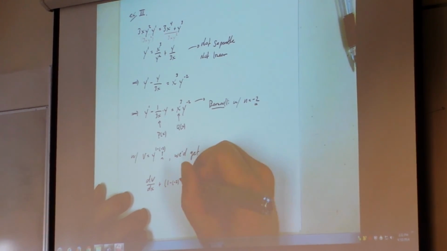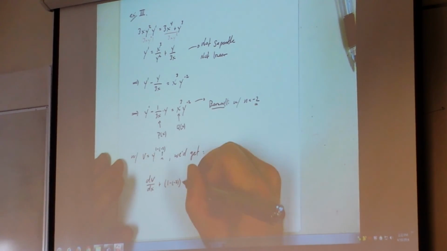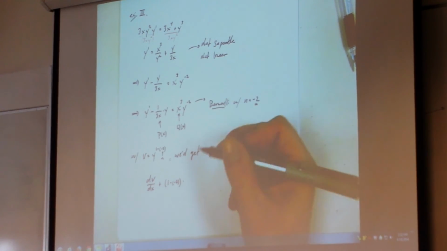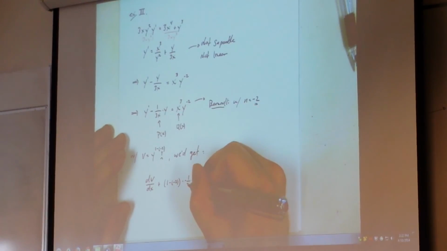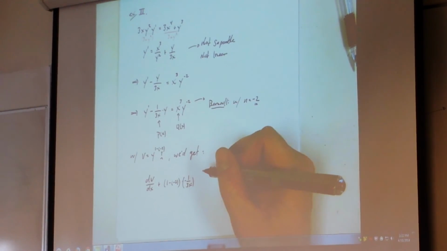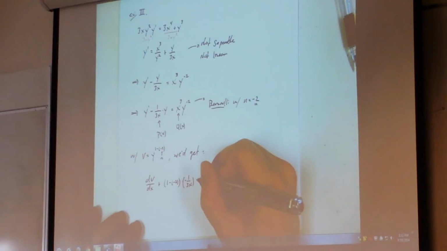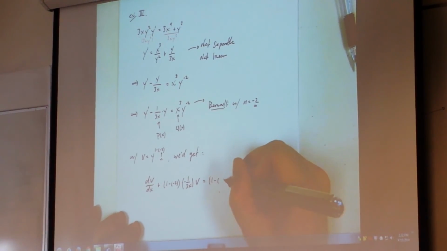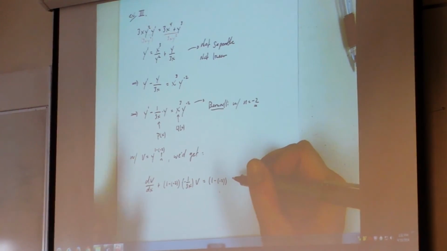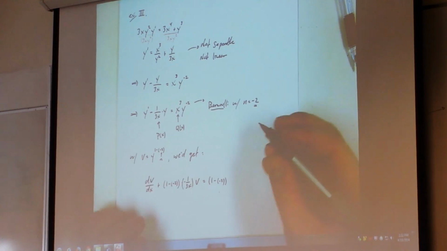That's my n right there, times p of x, negative 1 over 3x, times v equals 1 minus n, and n is negative 2, times q of x. And our q of x in this function is x cubed.